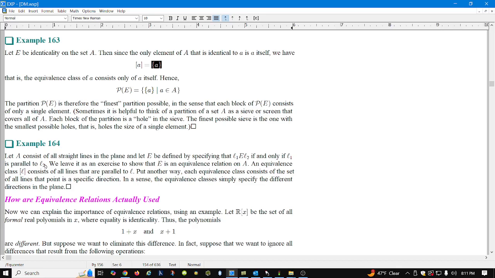This is an equivalence relation. An equivalence class generated by a line L consists of the set of all lines that are parallel to L. So the equivalence classes essentially describe the directions in the plane, sets of parallel lines.